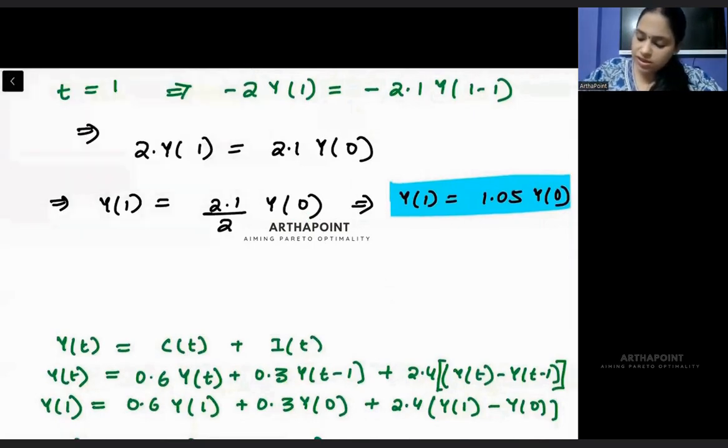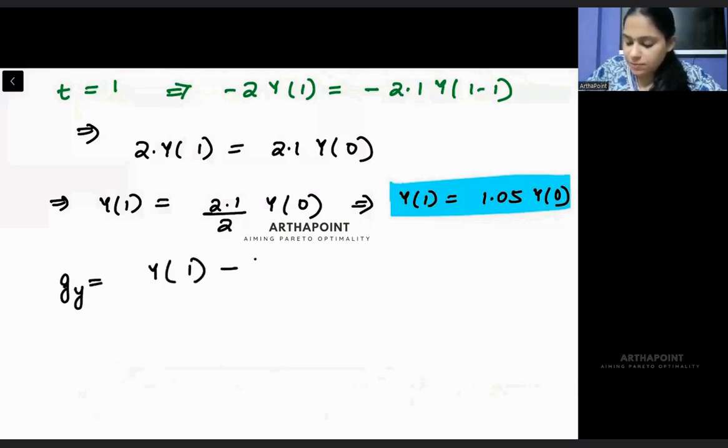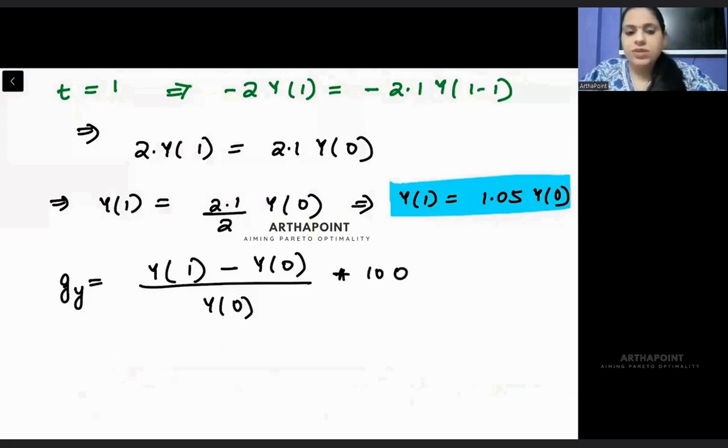Now I will try to find out what is the growth rate. The growth rate of output will be the value of output in period 1 minus period 0 upon period 0, into 100. That is the growth rate.